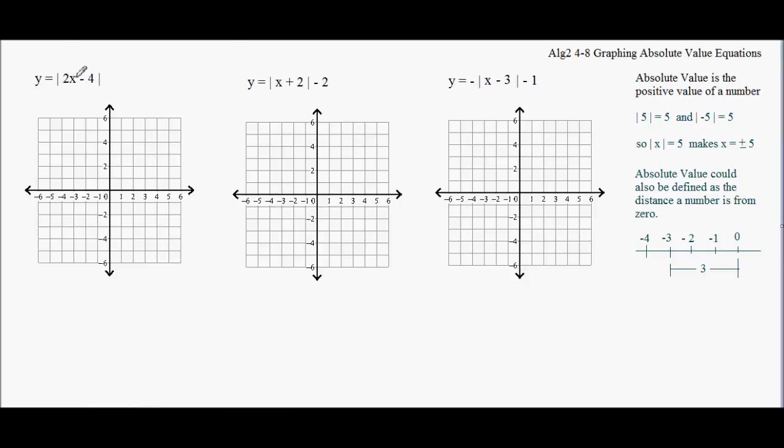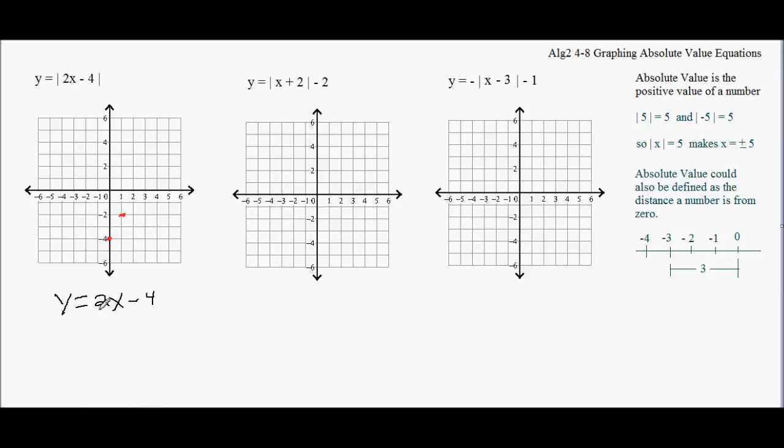So if I was to graph y equals 2x minus 4, that's this without the absolute value. Well, we go to minus 4, so here's minus 4 right there. And I go up 2 over 1 because that's the slope.